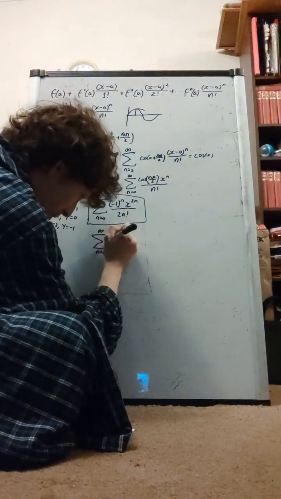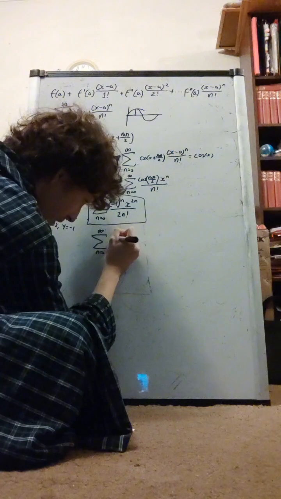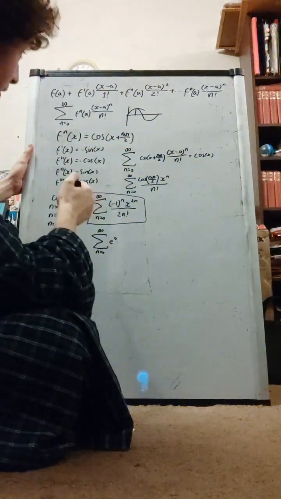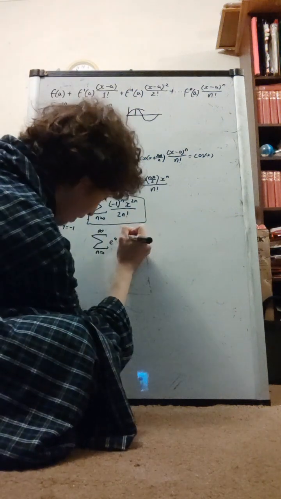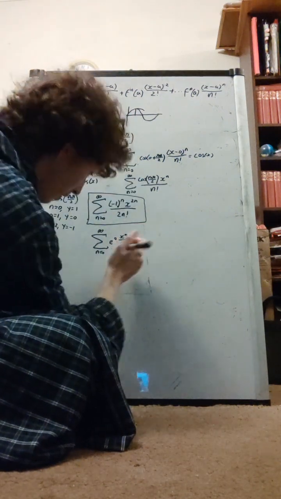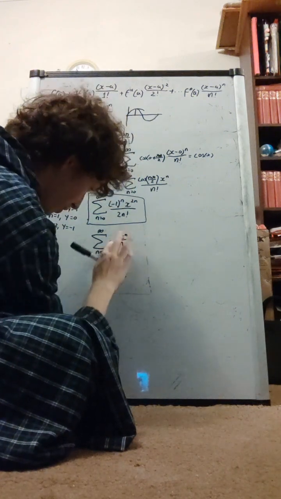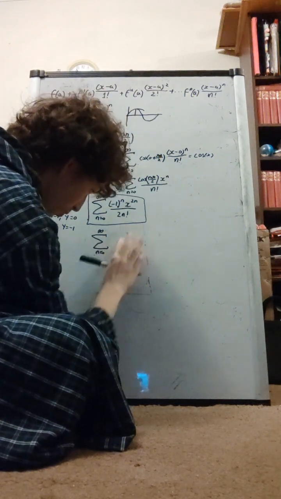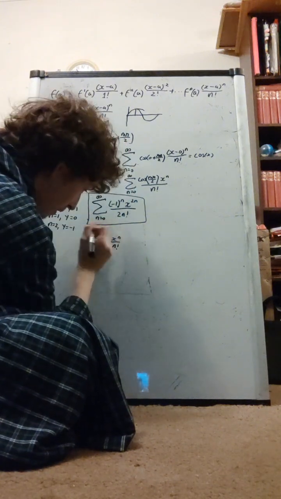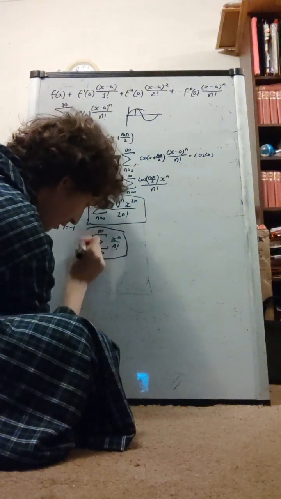So its nth derivative is just e to the x, and that's at 0. So that's e to the 0 times, again, x to the n over n factorial, which is just 1 times that, so you can just get rid of that altogether. Move this back to the beginning. And there you have it, it's as easy as that.